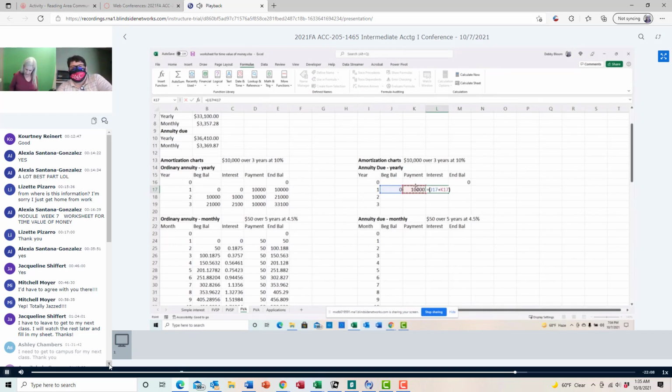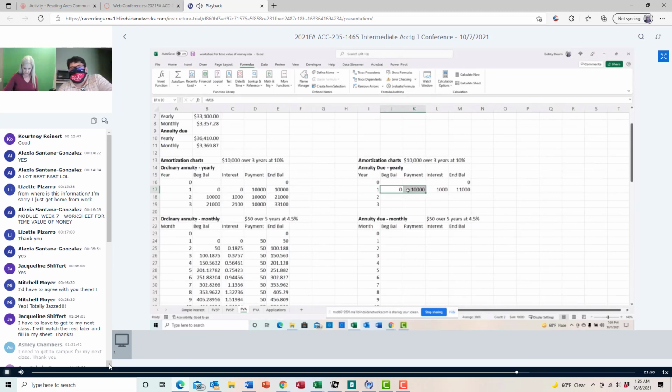And then I would multiply that by 10%. And then my ending balance would be the same, beginning balance plus payment plus interest. So basically I just changed the order of those two.